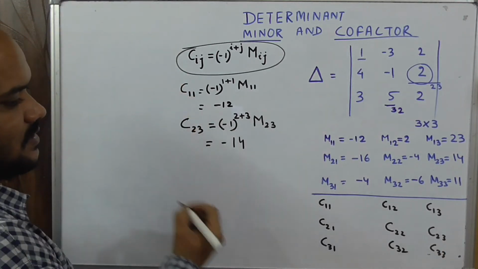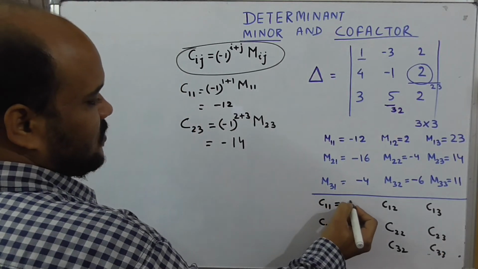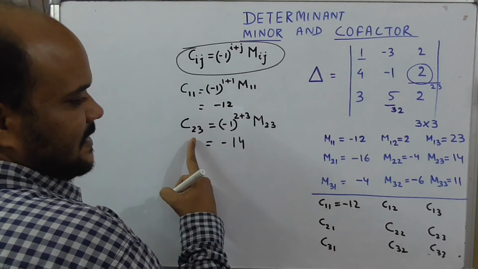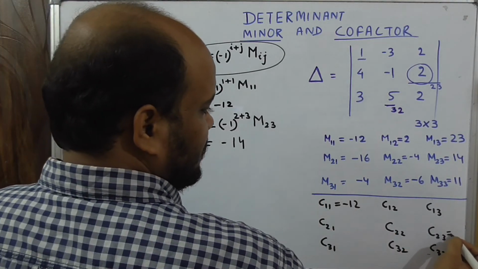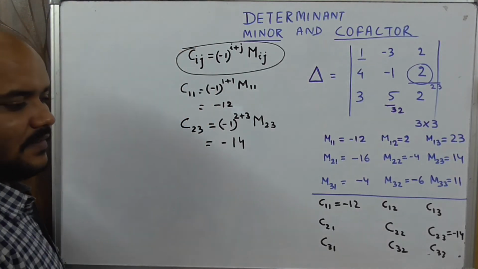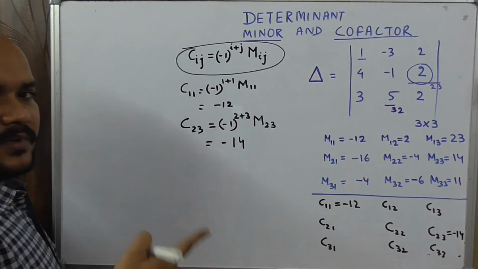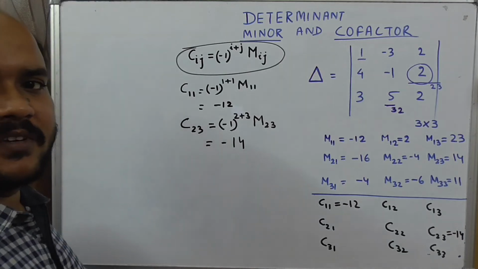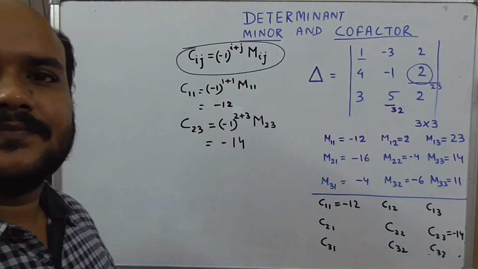I have already found C11, which is -12. C23 is -14. So just find out all the other cofactor values. I'm giving you some time for this.